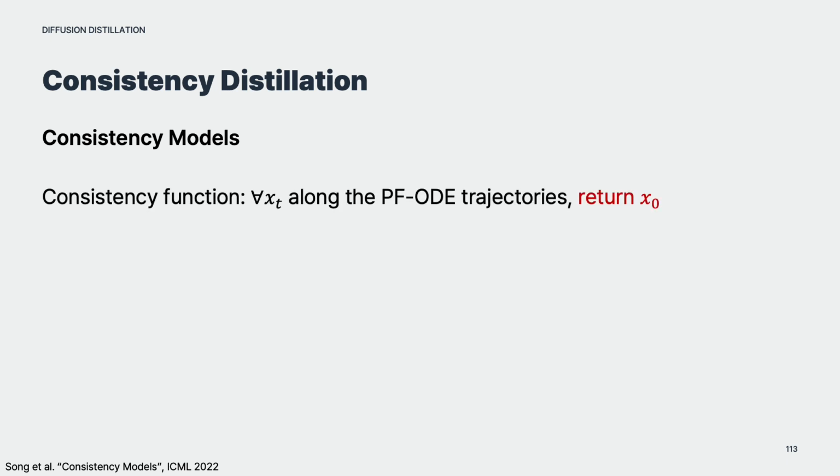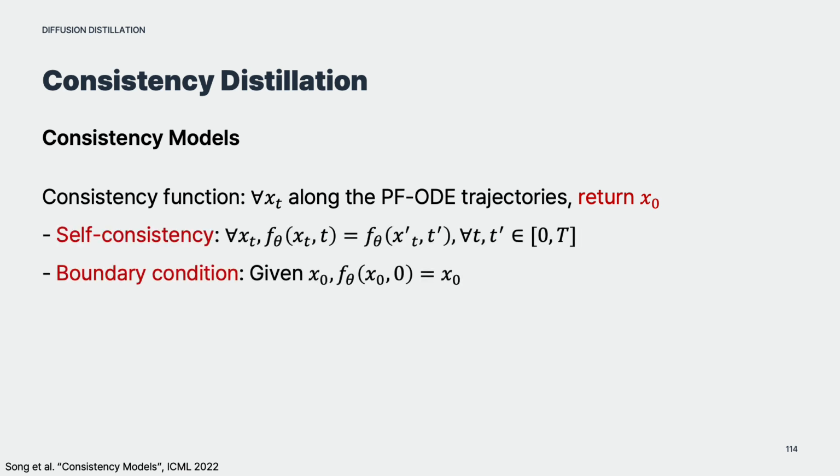A consistency model is defined by a consistency function which returns the original image x0 for all xt along the probability flow ODE trajectory. This consistency function satisfies two properties.